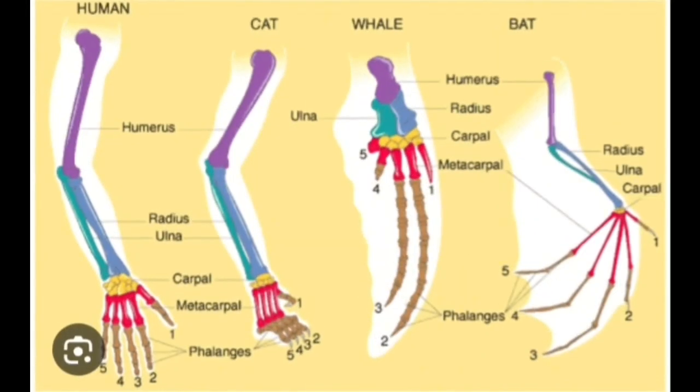Homologous structures. Homologous structures are anatomical features found in different species that share a common ancestor. These structures may have different functions but are built upon a similar underlying skeletal or genetic blueprint. For example, the forelimbs of humans, bats, whales, and cats have similar bone structures, even though they are adapted for different purposes.